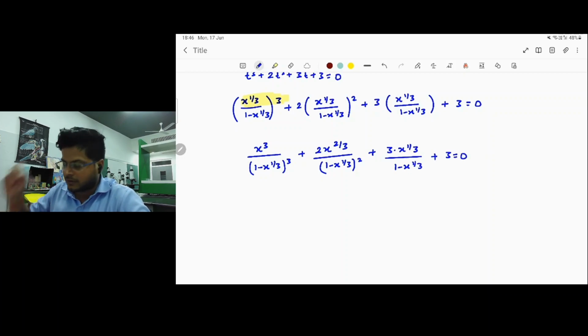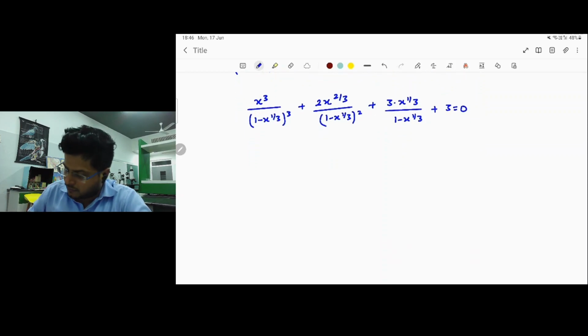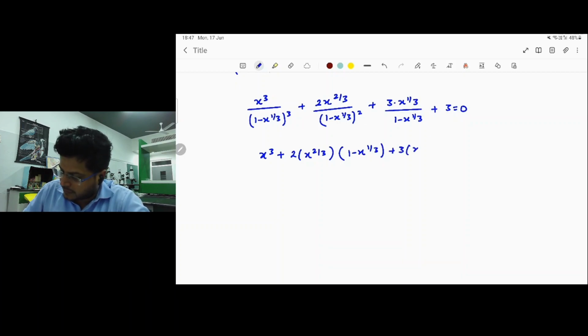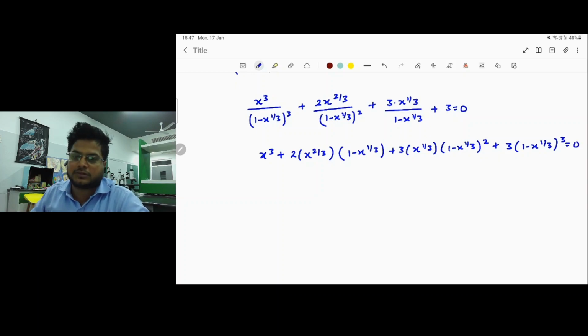Take LCM. So when you take LCM, what will you get? x cube plus 2 into x to the power 2 by 3 multiplied by 1 minus x to the power 1 by 3. You can see here power is 2, here power is 3, so one time it will come, isn't it? Then next will be 3 into x to the power 1 by 3 multiplied by 1 minus x to the power 1 by 3, whole square. And the last part will be 3 into 1 minus x to the power 1 by 3, whole cube, equals 0. Right?